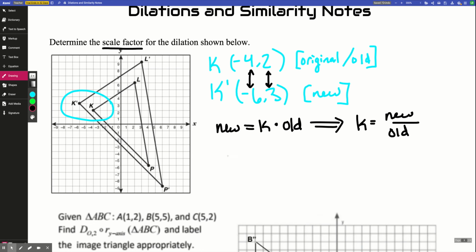I'm going to use the x's here and plug them into my equation. So my new value is -6 equals k, which is what I don't know. Remember, k is the scale factor here, the lowercase k. It's different from the coordinate point, which is an uppercase K, times the old value, which is -4. If I wanted to solve this for k, I would divide by -4 on both sides.